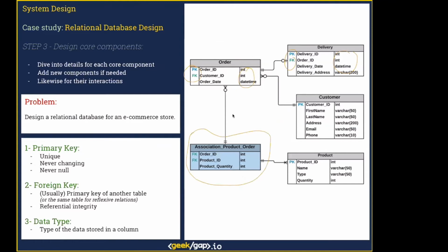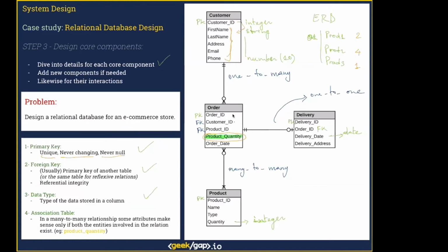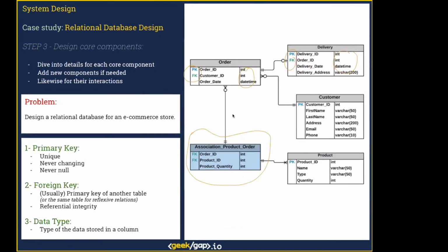So what we did, we removed the customer ID and the product ID from the order table, and we moved them into this association table here. So now you have the order ID here, the product ID here, and the product quantity.